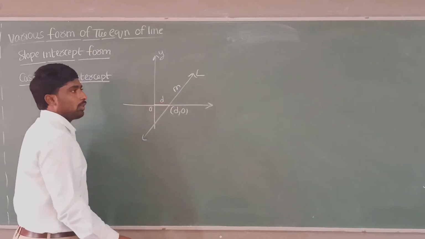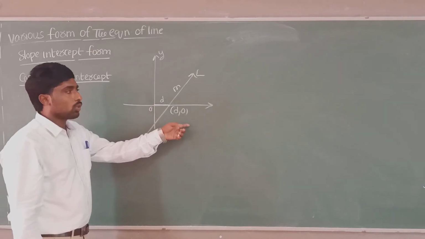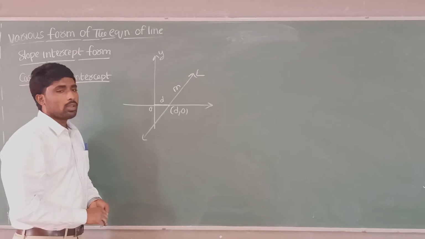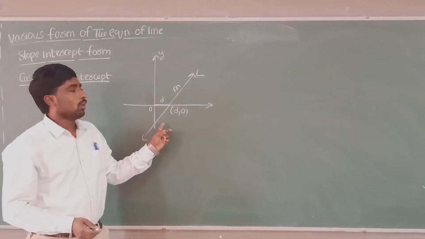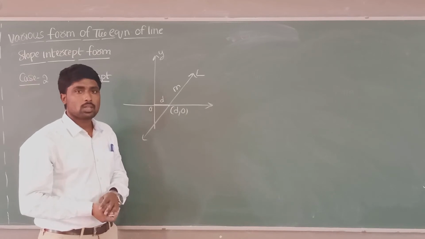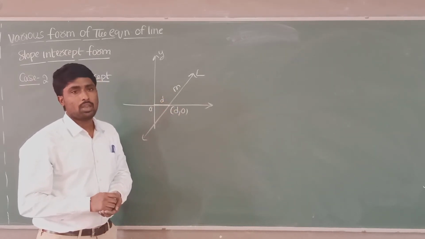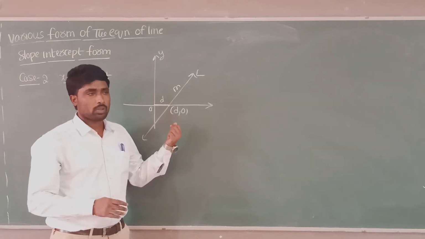Now this line's slope is m. By using the point-slope form, the equation of the line is y minus y naught equal to m into x minus x naught, where (x naught, y naught) is the point and the line slope is m. Let me solve it; we will prove it now.